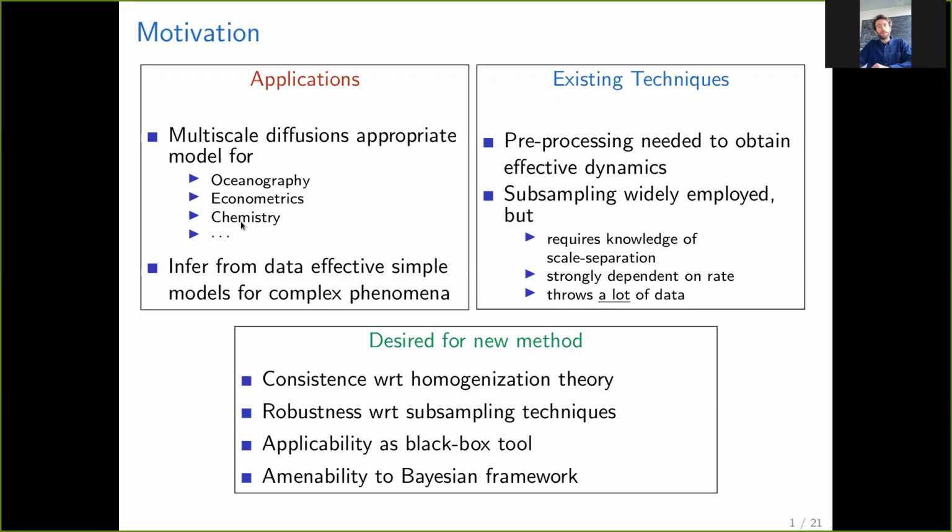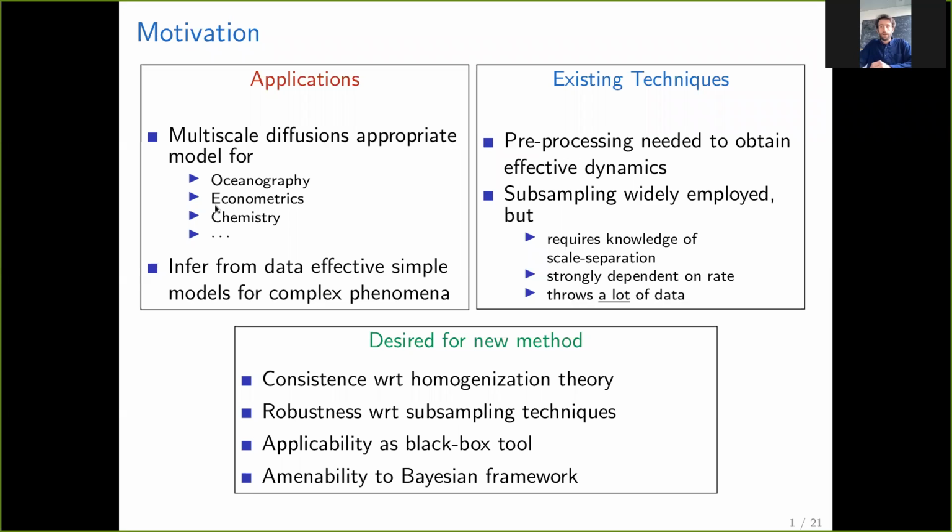So all these phenomena are very complex, and even their mathematical models are extremely complex and present different timescales. So due to the different timescales, for example, the numerical approximation of the solution to these mathematical models can be overly expensive computationally.